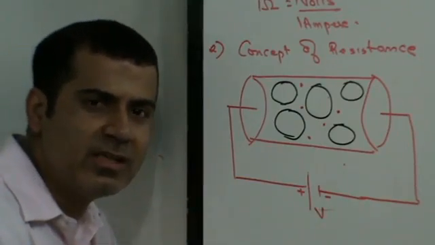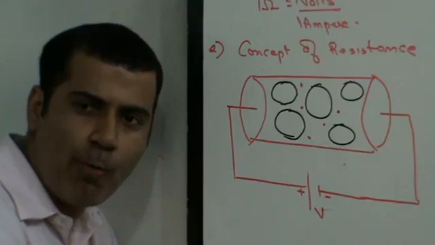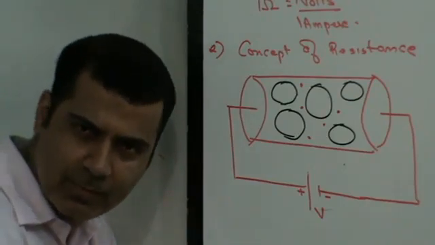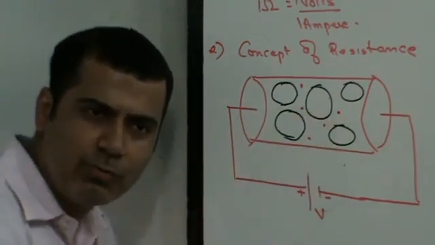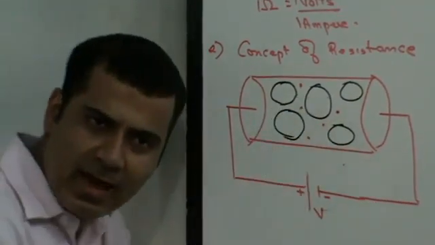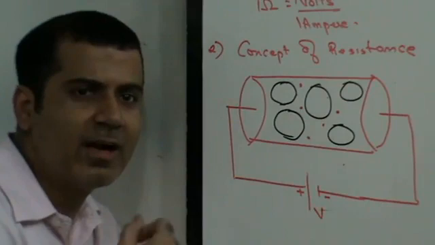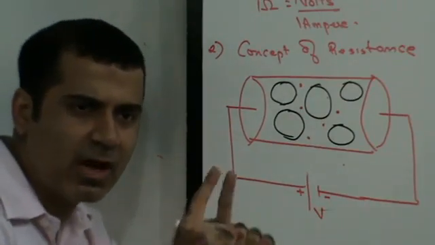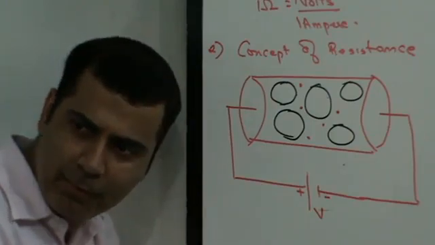What is resistance? Resistance is the opposition to the free movement of electrons. As these electrons move, they collide against the atom. They give their kinetic energy to the atom. Hence, atoms start vibrating with a larger amplitude.